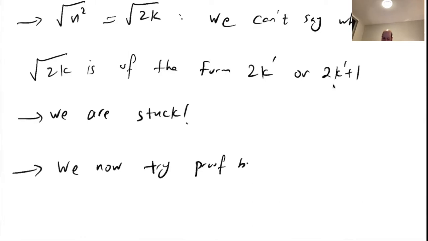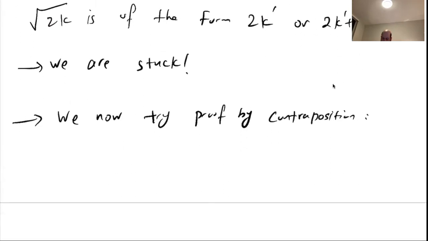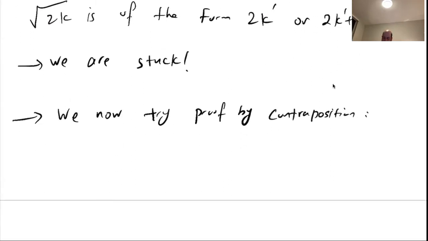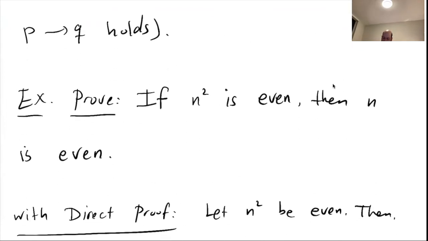So we now try proof by contraposition. So contraposition means what? See, this is like my P, and then this part is my Q, right?